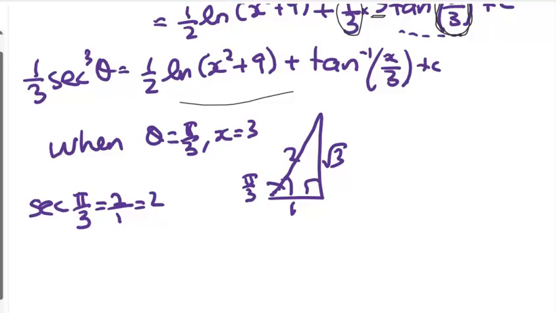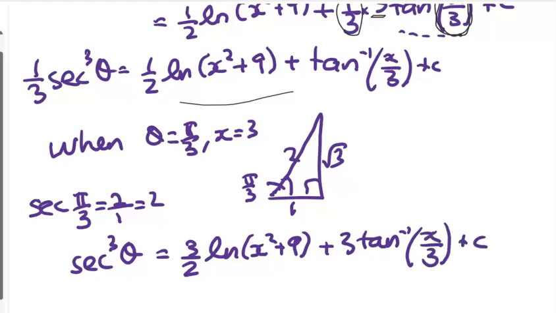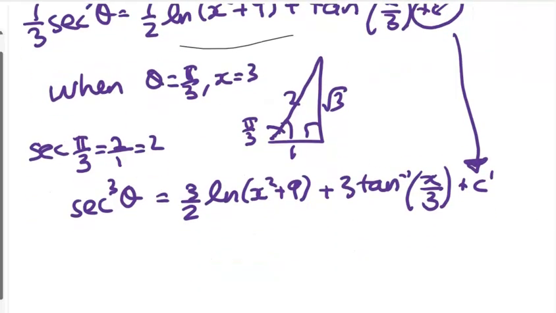Before I do anything else though, I think I'm going to times everything through by 3, just to clean it up. You don't have to do that, but that's what I did. So we get sec cubed of theta is equal to 3 over 2 Remember that when I times through by 3, that's c, it's fine at this stage to just replace it with c, or you could call it c dash, whatever you want.